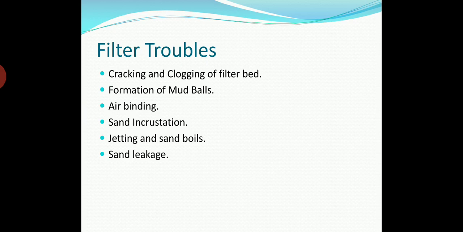A 50% expansion of sand in washing is effective in minimizing the production of mud balls. Formation of mud balls can be eliminated by providing an adequate backwash flow rate and a properly designed system for auxiliary scour. So this is all about formation of mud balls.